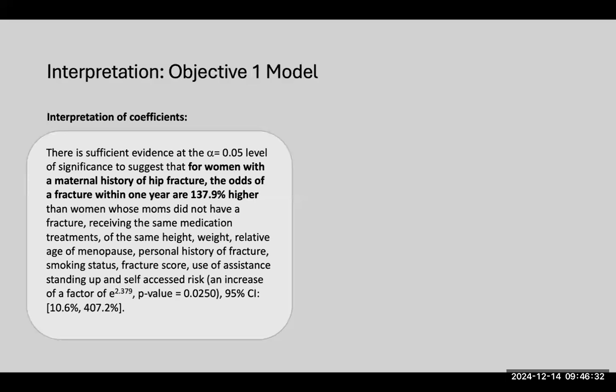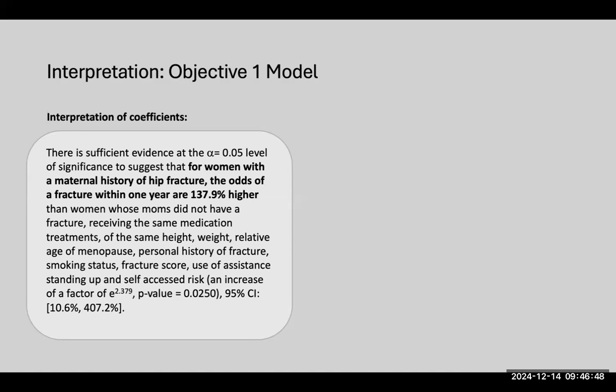There's sufficient evidence at the alpha 0.05 level of significance to suggest that for women with a maternal history of hip fracture, the odds of a fracture within 1 year are 137.9% higher than women whose moms did not have a fracture.